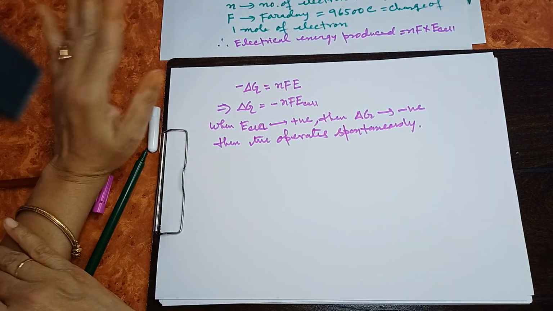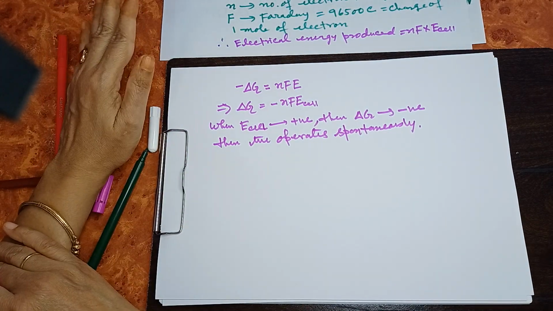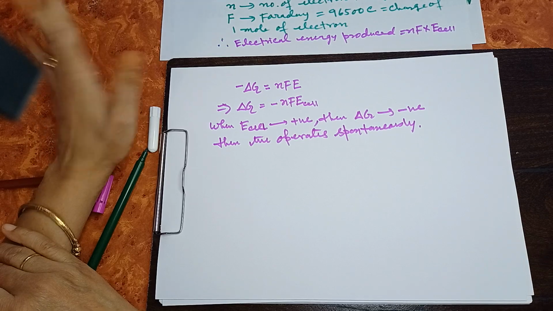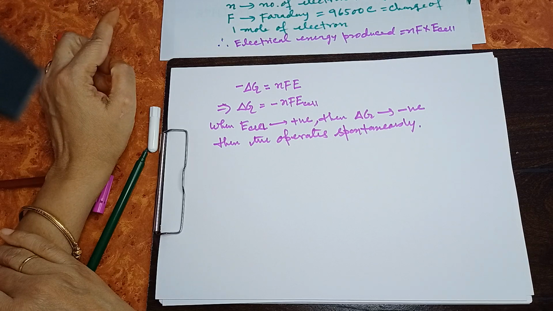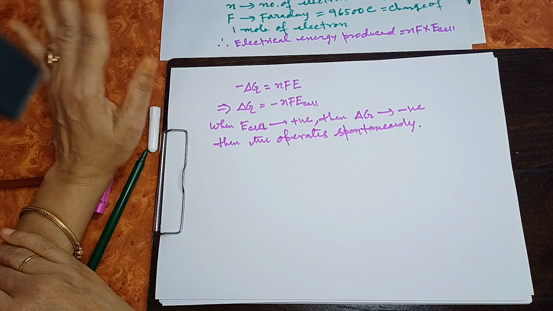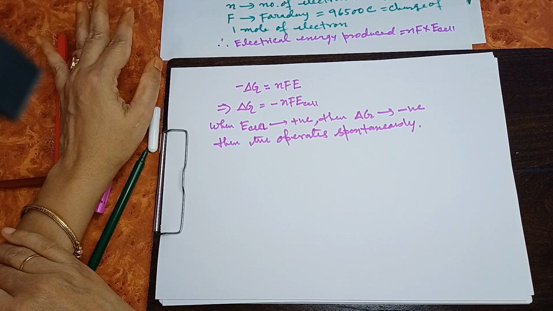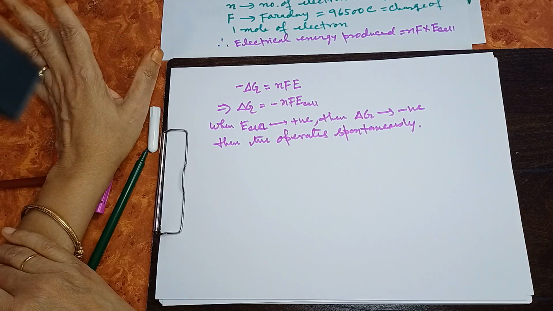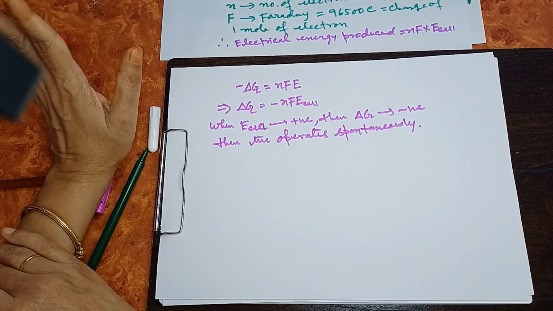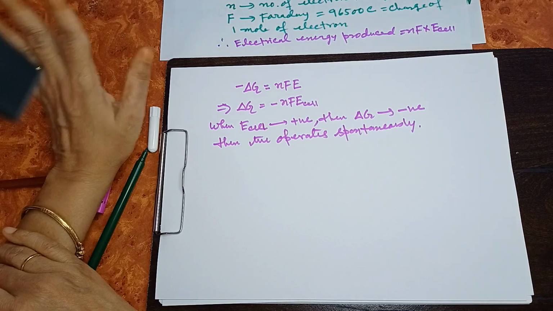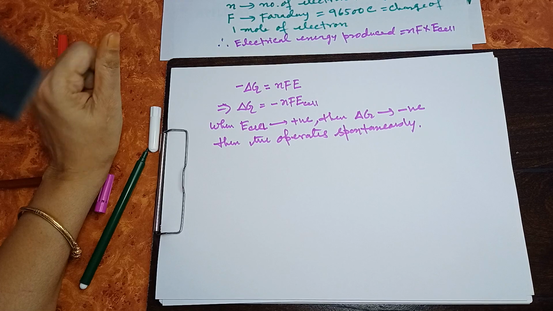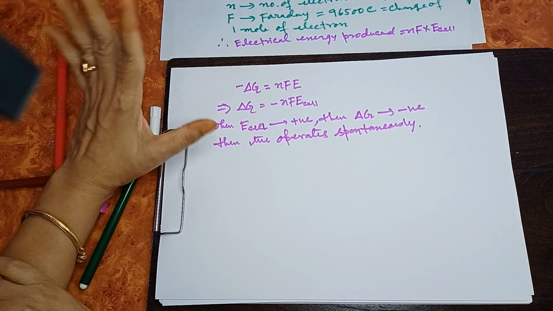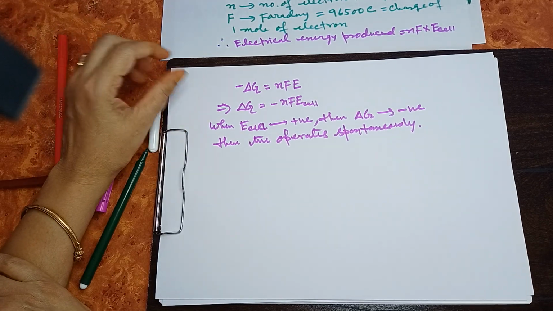So the condition for a galvanic cell to operate spontaneously is that the EMF of the cell must be positive, so that the free energy change will be negative, because the electrical work done or electricity generated in the cell is at the expense of decrease in free energy. So, this is the condition.